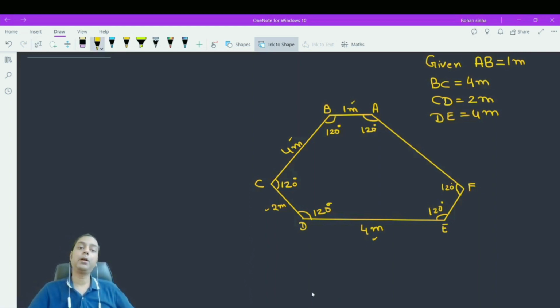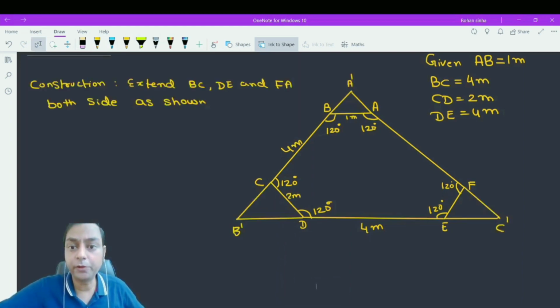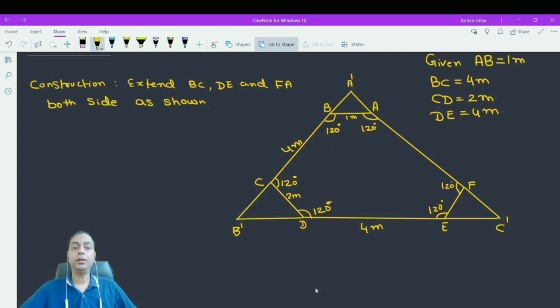Now I am doing some construction here. What construction have I done? I have simply extended BC, DE and EFA on both sides, this side and this side also. Now where do they intersect?